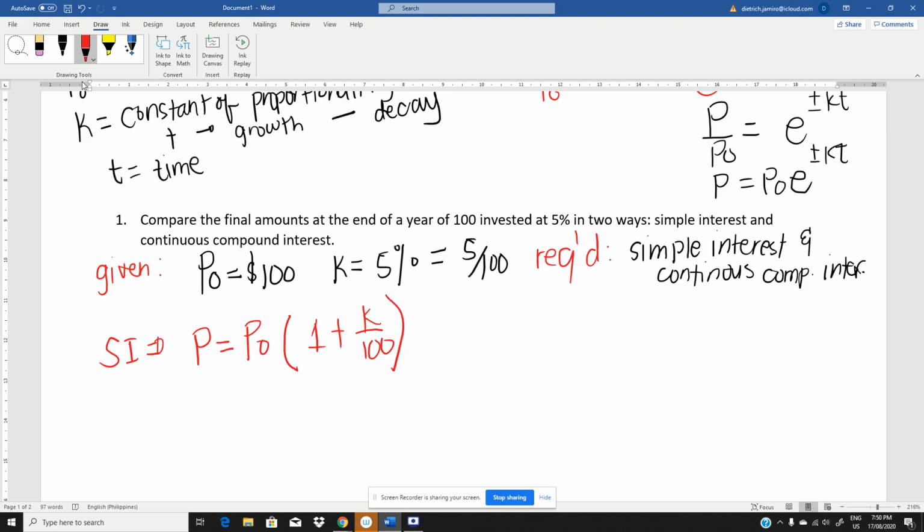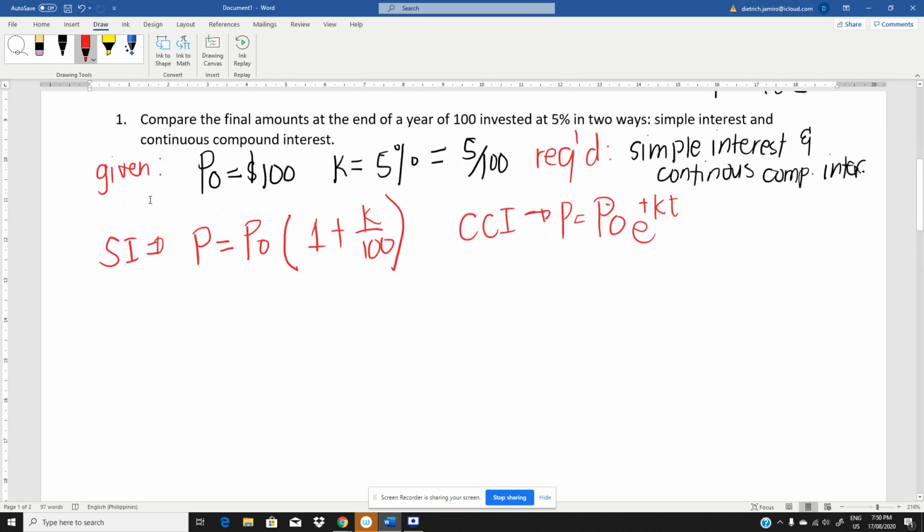And the formula for continuous compound interest is P is equal to P0 multiplied by the exponential of positive kt.